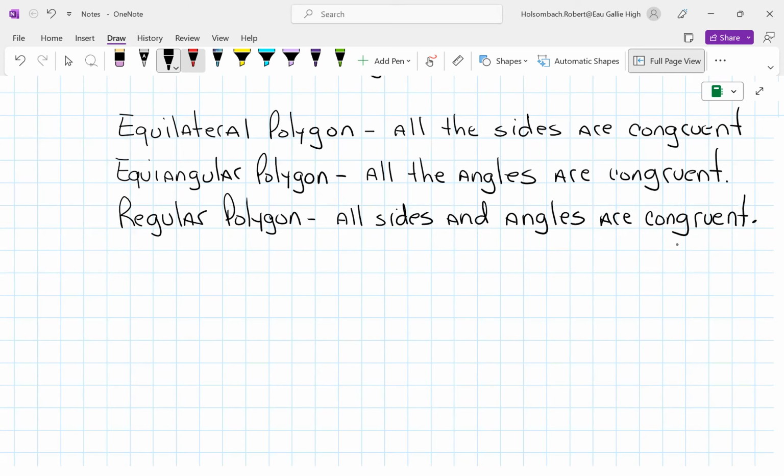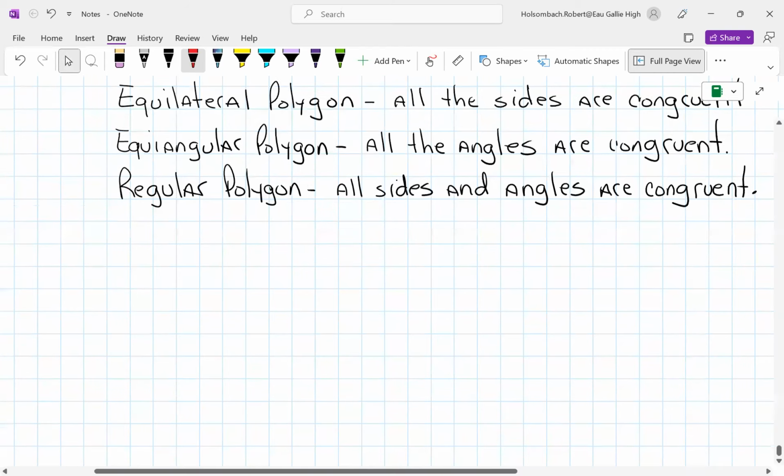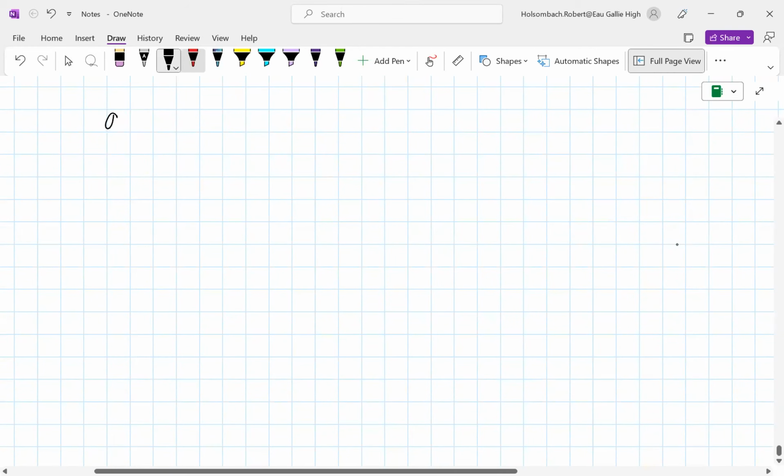So let's look at example 1 on page 57. It says to name and classify polygons. Name each polygon by its number of sides, then classify it as convex or concave and regular or irregular. So we've got that shape A right there. And look at the tick marks.